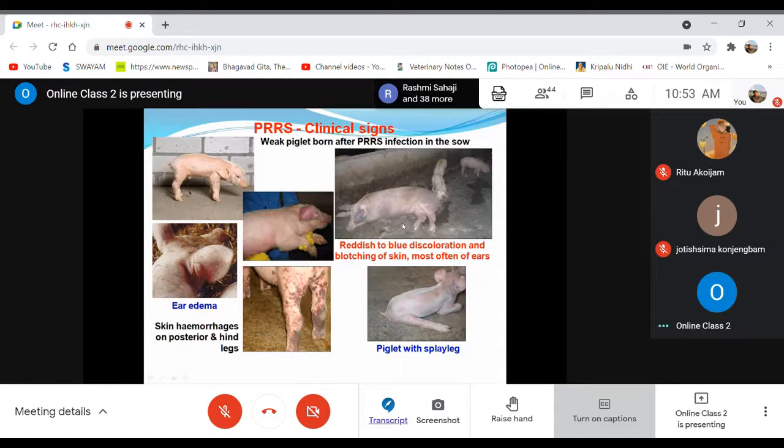But many researchers and academicians, and in many books also, you will find that in PRRS cases, because of the similarities in the lesions like hemorrhage, congestion or erythema, the ear used to be much swollen and edematous and more bluish in color. So that's why it is also known as ear edema or blue ear disease.